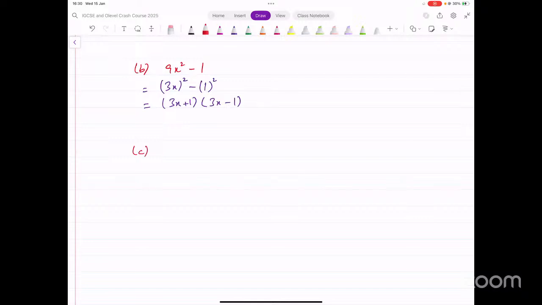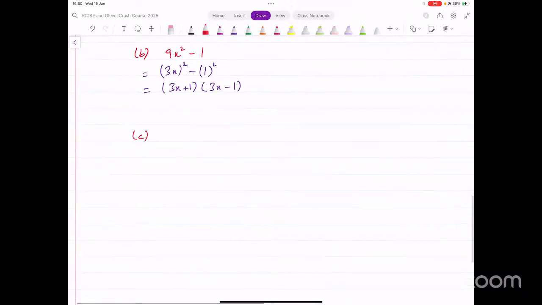Now, sometimes what you can also do is do both of those things. You can take something common as well, and you can write it as a plus b into a minus b as well. Sometimes you can do both of those things in the same expression. Okay, let's think about this now.